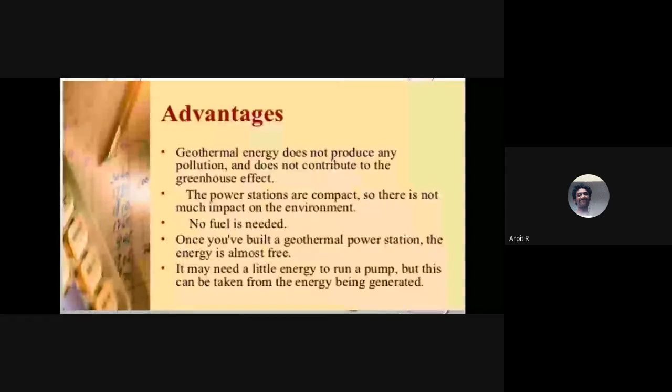The power stations are compact, so there is not much impact on the environment. No fuel is needed. Once you have built a geothermal power station, the energy is almost free. It may need a little energy to run a pump, but this can be taken from the energy being generated.